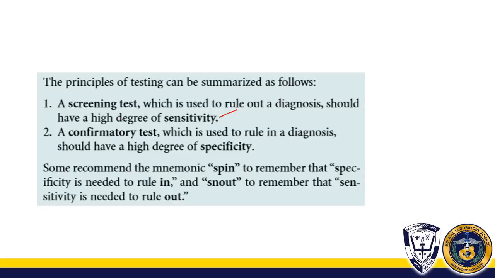And for your confirmatory test, specificity should be high, so that your test can rule in that the patient really has the condition. Some recommend the mnemonic SPIN to remember that specificity is needed to rule in, and SNOUT to remember that sensitivity is needed to rule out. So again, rule in, rule out. Okay.